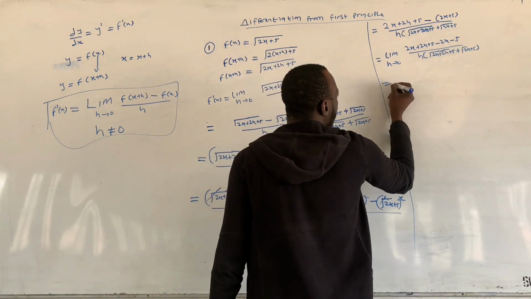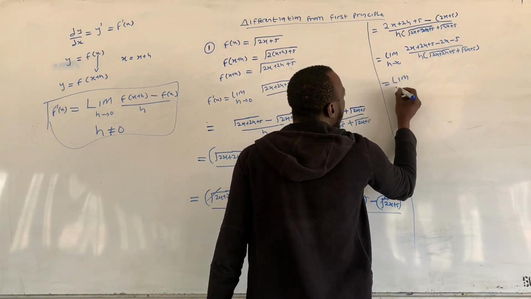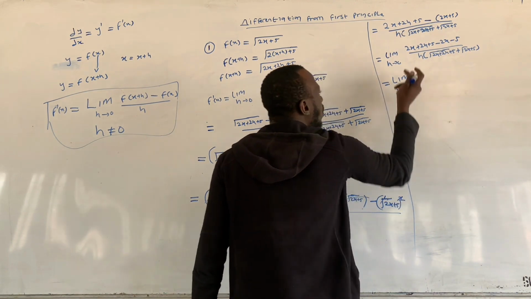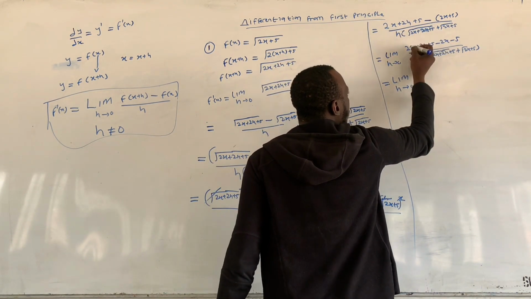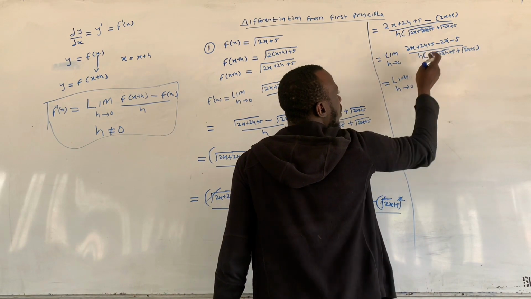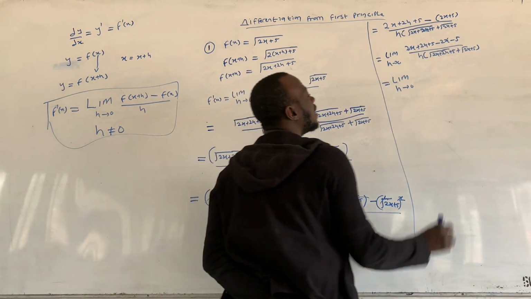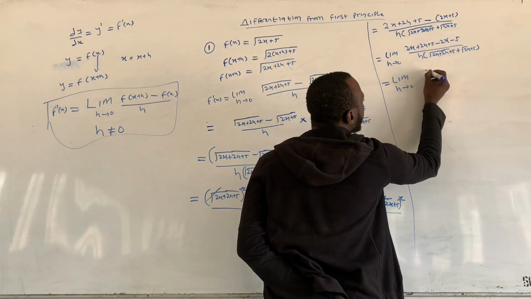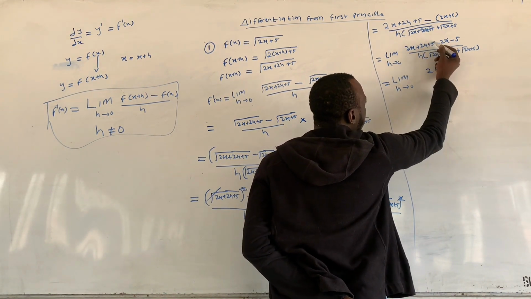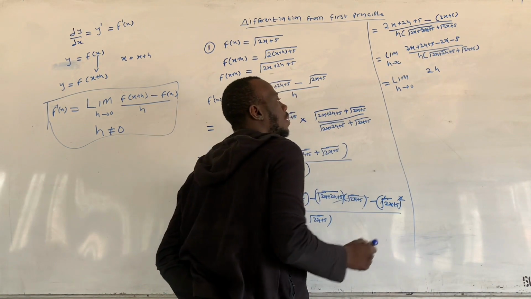So now this becomes lim as h goes to 0: 2x minus 2x is 0, which means this cancels out this. 5 minus 5, again we have 0. Now this leaves us with only 2h here, since 5 cancels out 5 again.